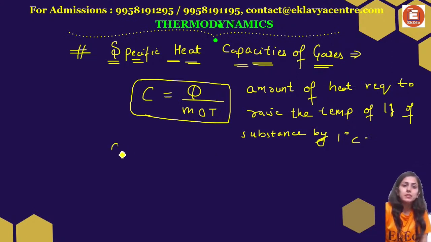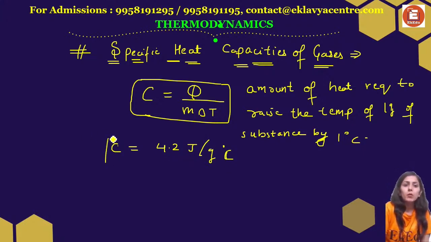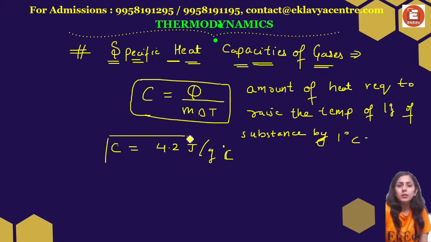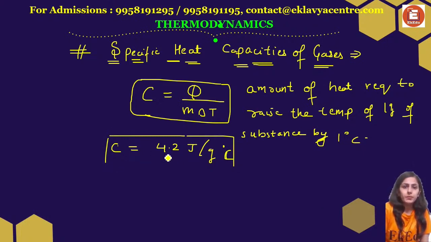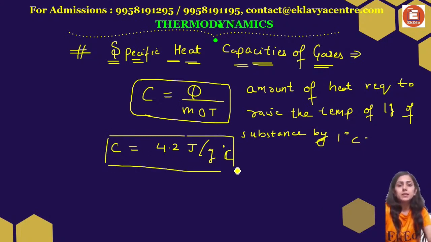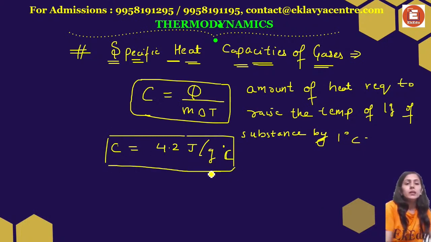For example, the specific heat of water is 4.2 joule per gram per degree Celsius. So it's the amount of heat required to raise the temperature of 1 gram of substance by 1 degree Celsius, right?